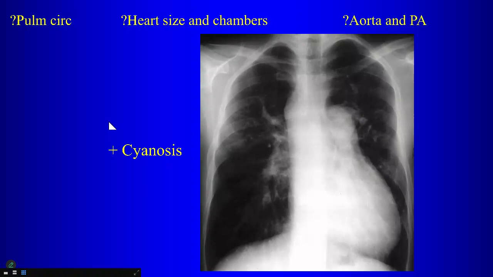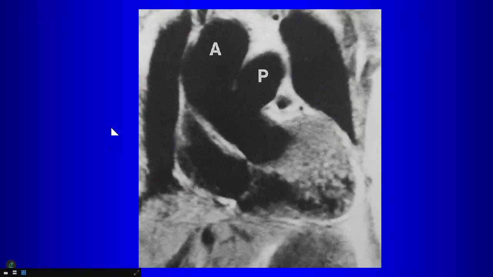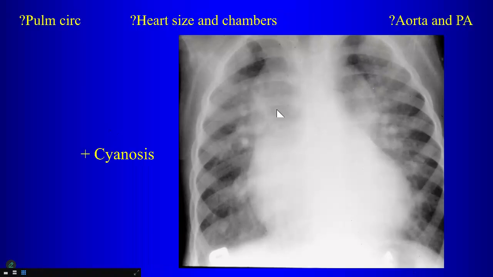What's it going to be? Which of the admixture lesions has a high association with right arch? Truncus. Right. Truncus arteriosus here. Right arch, pulmonary artery coming off the truncus. Increased blood flow, cyanosis.